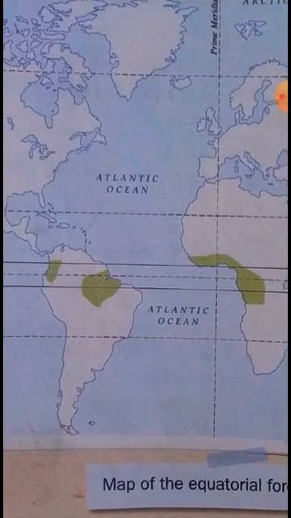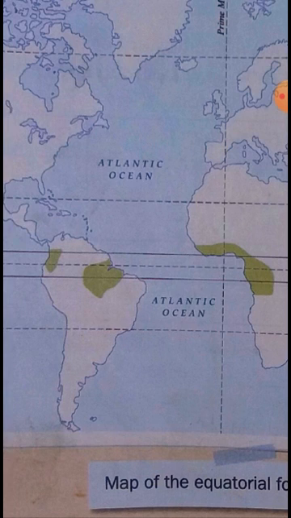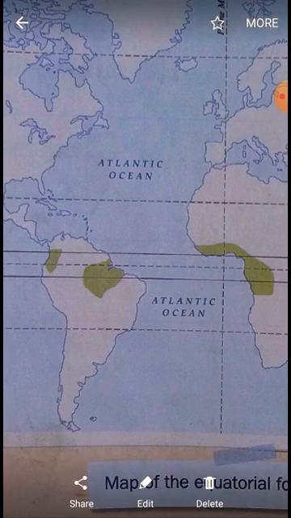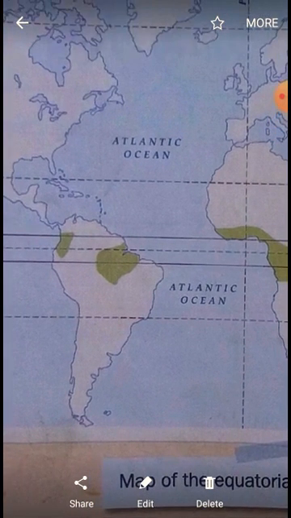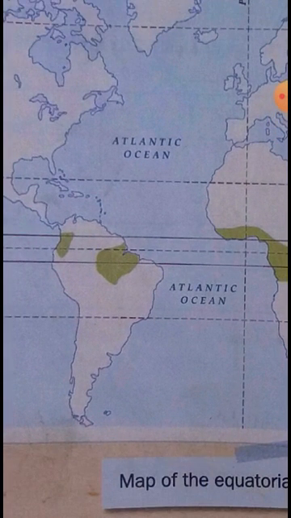If you look at this map carefully, you can see that the places and continents that fall in this region are South America, Africa and Southeast Asia. In South America, the countries that fall in this region include Ecuador, Colombia and Brazil.